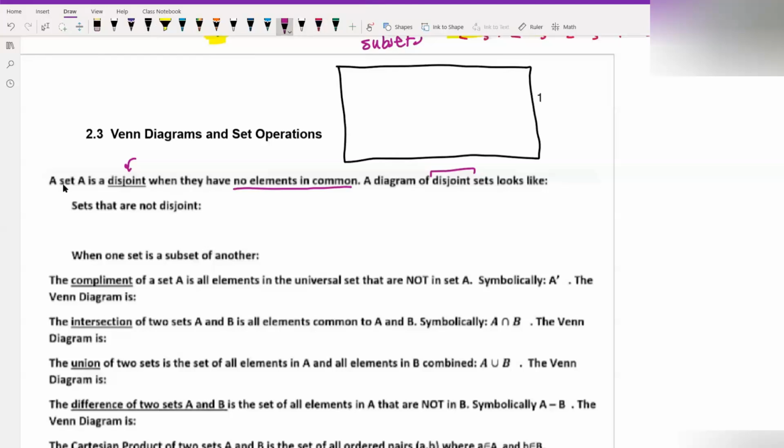Now I'm going to draw two sets. One is A, the other one is B. As you can see, there is nothing in common because there is no intersection between these two sets. I don't know how many members I have inside each one, but there is no intersection between these. So this is disjoint.